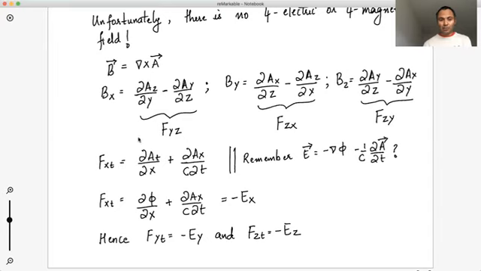This just becomes d phi by dx plus the partial derivative of A_x with t. I just leave it here. Now, if you look at this equation, it looks exactly like the x component of this equation. So E_x would be the partial derivative of phi with x minus 1 by c times the partial derivative with time of A_x, right?